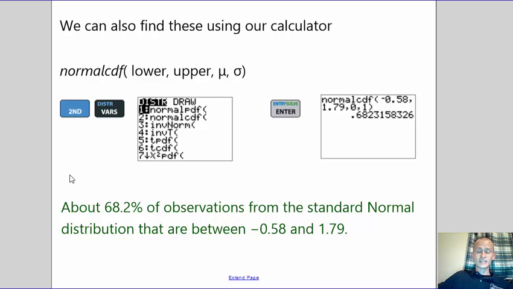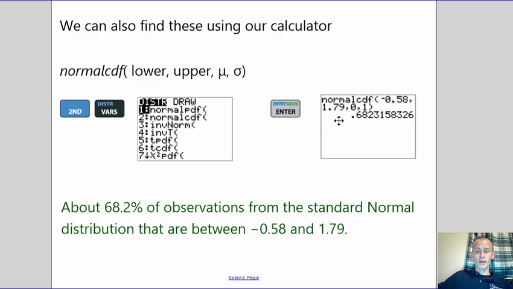To use technology, that's probably the preferred method here because it's going to be a little bit faster. You do second vars, you go to normal CDF. This time though, our lower boundary and our upper boundary are clearly defined for us. They give us that negative 0.58 is our lower boundary, so we type that in first.